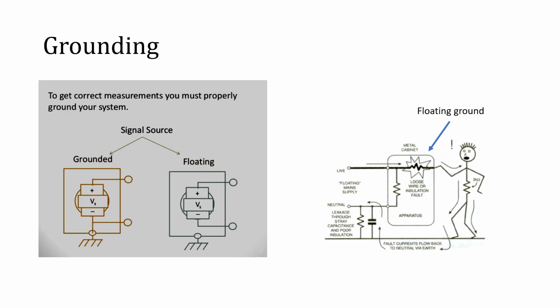Now, if our circuit is of floating ground, like in this case, it is very easy to understand what is happening here. Let me elaborate. This is an apparatus, a device whose body is maybe a conductive one because it is made of a metal cabinet.